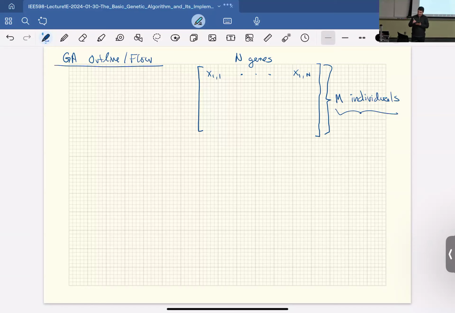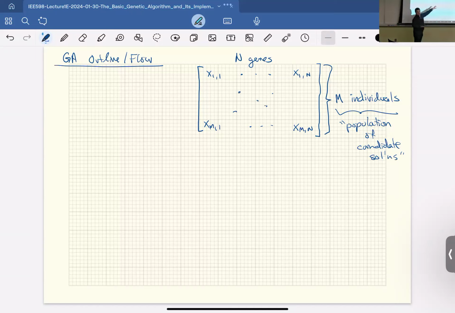And so this is my population of candidate solutions. And so down in this corner, this is going to be XM's first decision variable, XM's nth decision variable, or gene, and everything in between. So there's just this matrix floating around. Again, it doesn't have to be a matrix, but for simplicity.